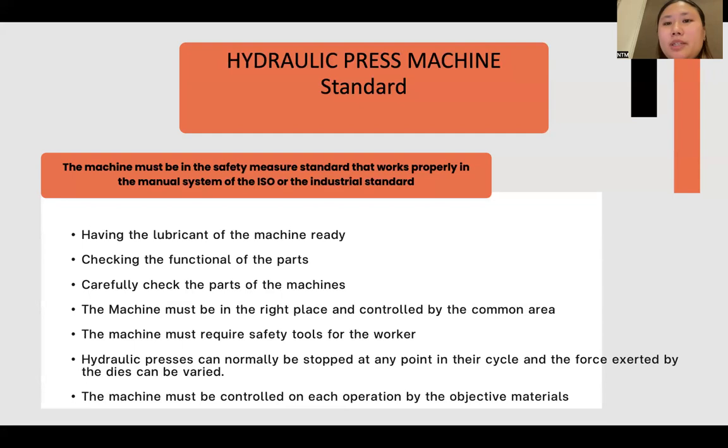The machine must be in the right place and controlled from the common area. The machine must require safety tools for the workers. A hydraulic press can normally be stopped at any point in its cycle, and the force exerted by the die can be varied. The machine must be controlled in each operation according to the objective material.